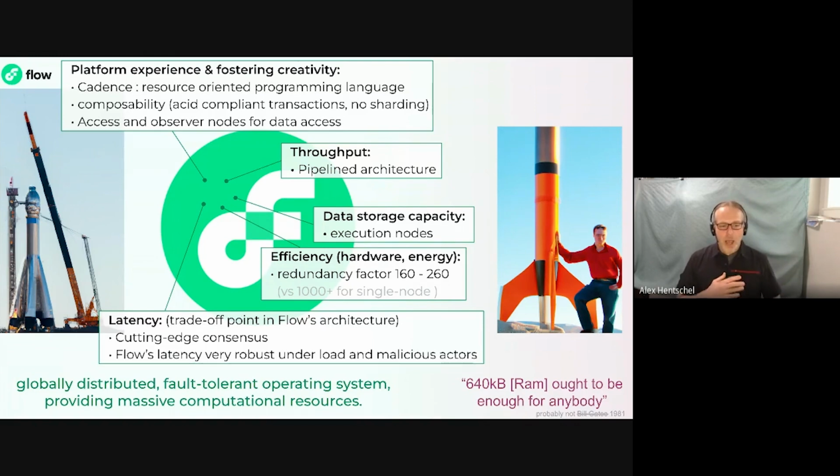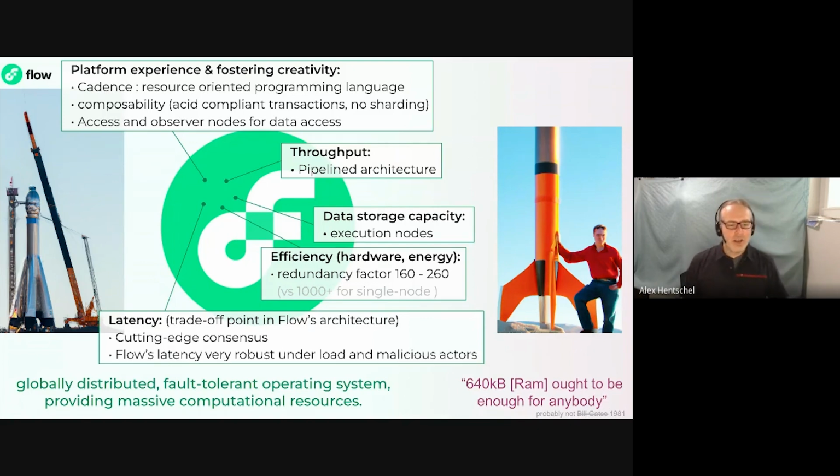We have a system with highly composable transactions and a highly composable smart contract language, meaning all the smart contracts can easily interact. You don't have any extra cost of cross-shard communication or having to deal with different rollups. In Flow, that's all one huge computation state.